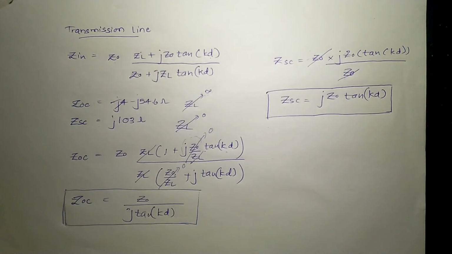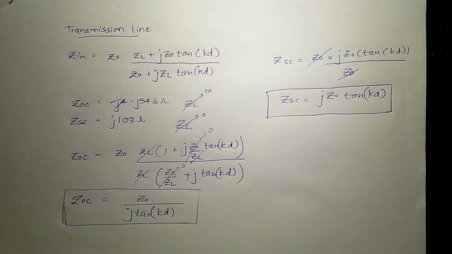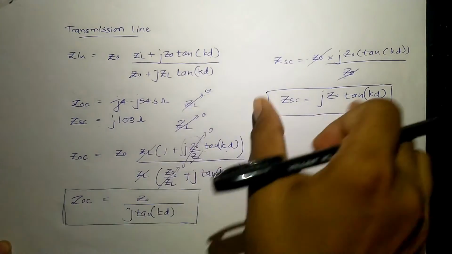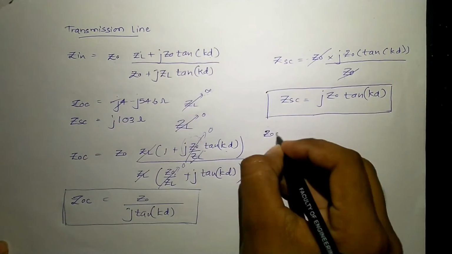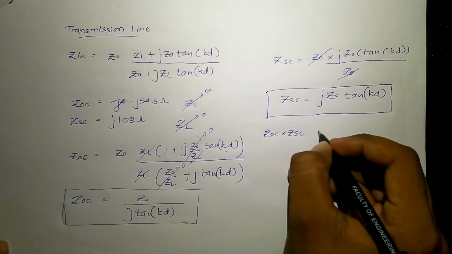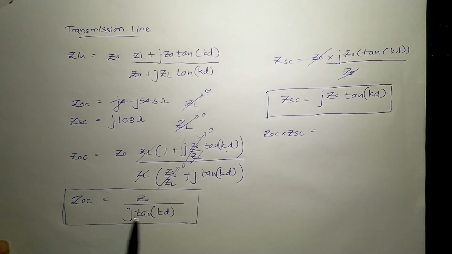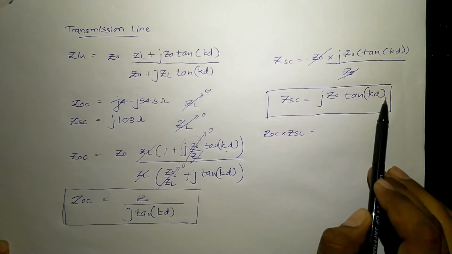They are asking about the Z0. So we need to multiply these two equations and make Z0 the subject, and then we can get the value of Z0. By multiplying this equation with this equation, we get ZOC into ZSC is equal to j tan KD, j tan KD.